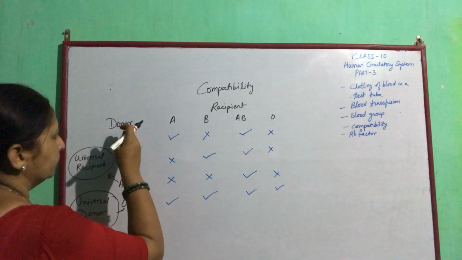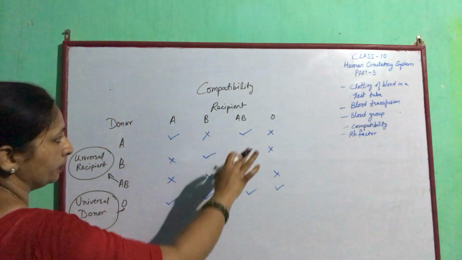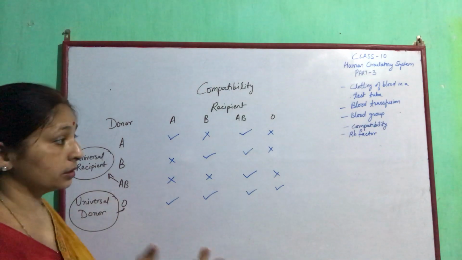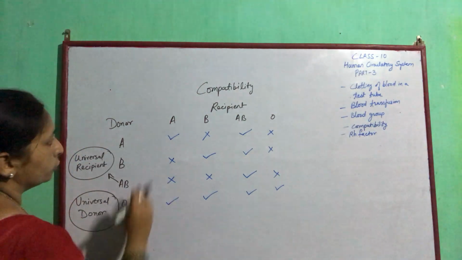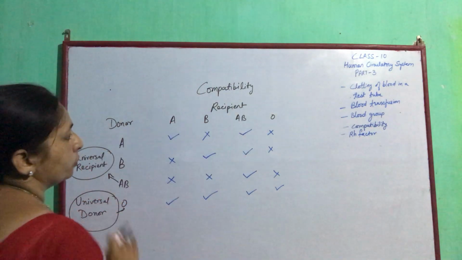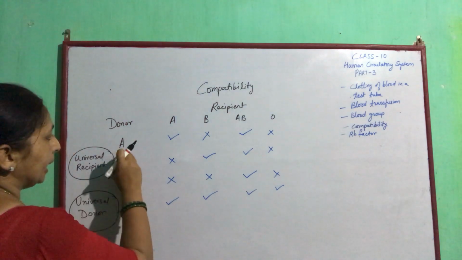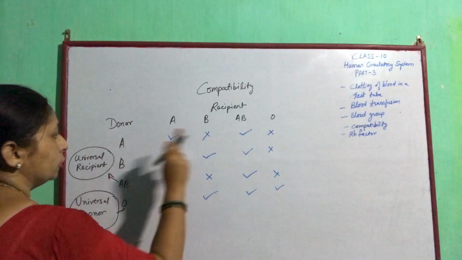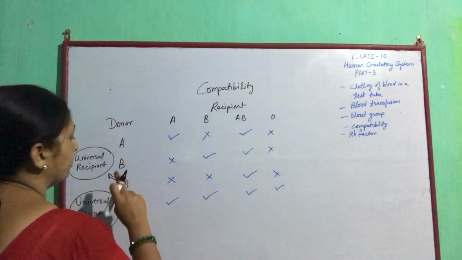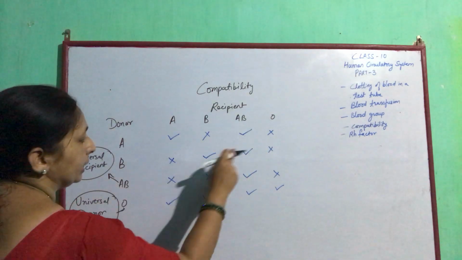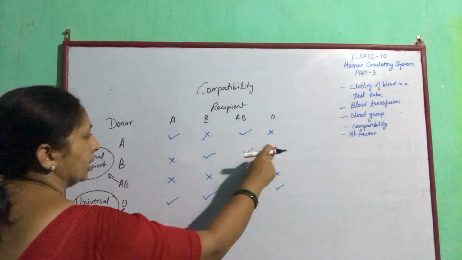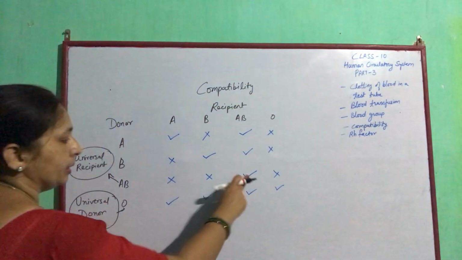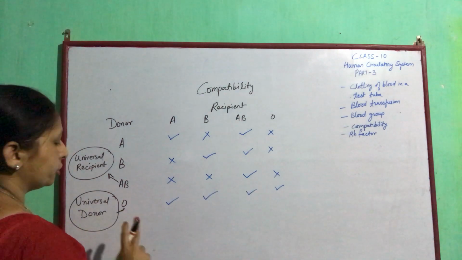Again, I am repeating this complete process. Compatibility: which blood group is compatible with which one? All 4 groups as donor, all 4 groups as recipient. A can donate blood to A and AB both, not to B, not to O. B can donate blood to B and AB, not to A and O. AB can donate blood to only AB, not to the rest 3.